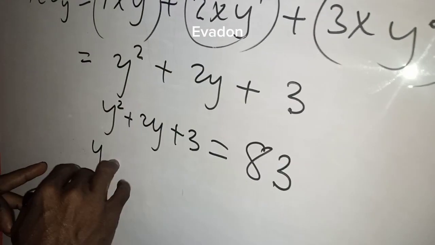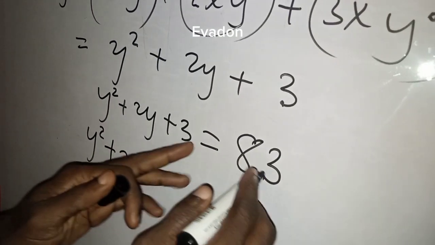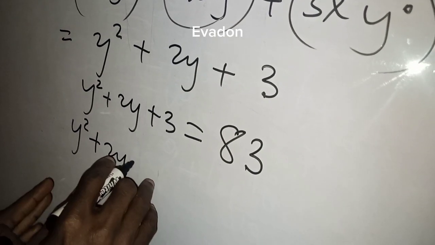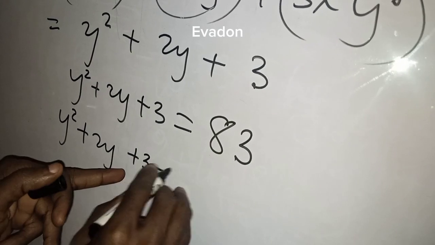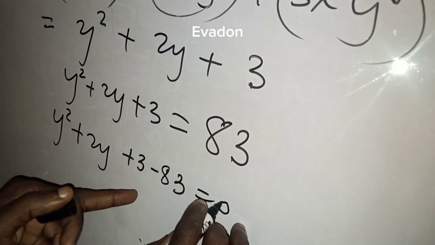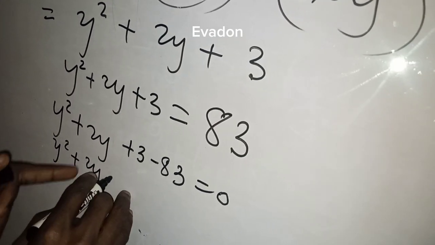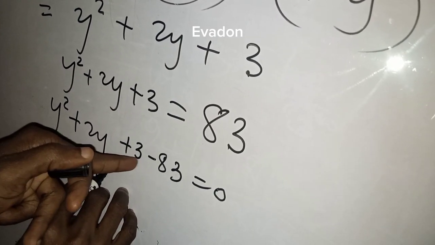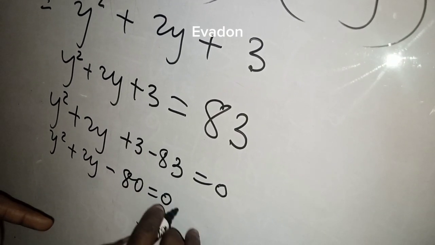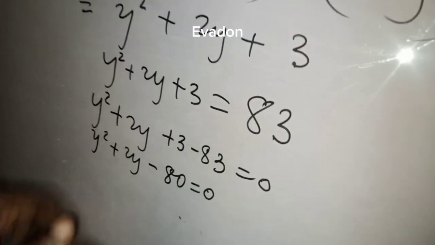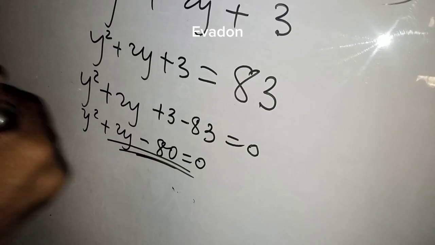So we now have y squared plus 2y, 83 will come here, plus 3 minus 83 equal to 0. We have y squared plus 2y plus 3 minus 83 will give me minus 80, equal to 0. This is how an ideal quadratic equation looks like. So this is our equation first.